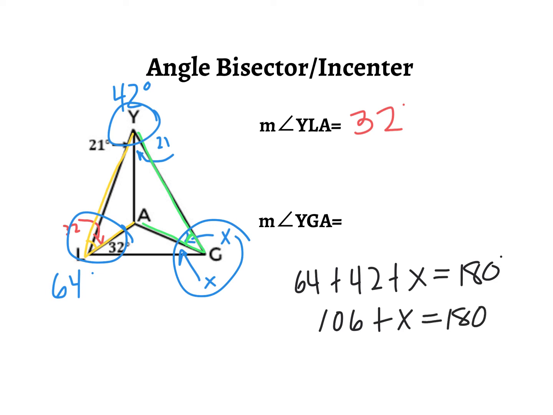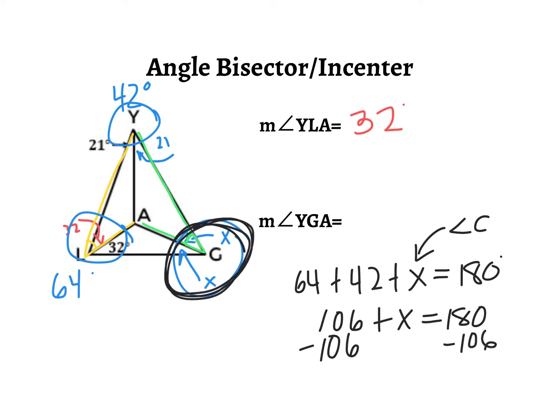I'm trying to figure out what this angle is, this is angle C. That's what I'm trying to find, this big angle. If I subtract 106 on both sides, x equals, let's see, 72 degrees, 74.